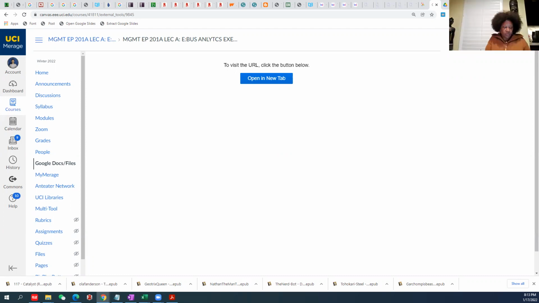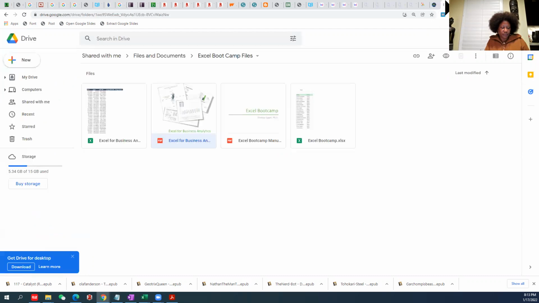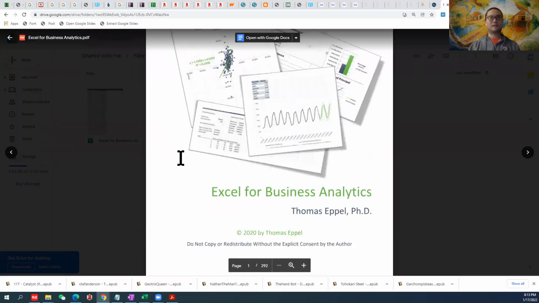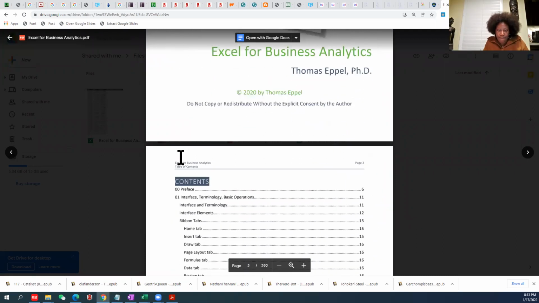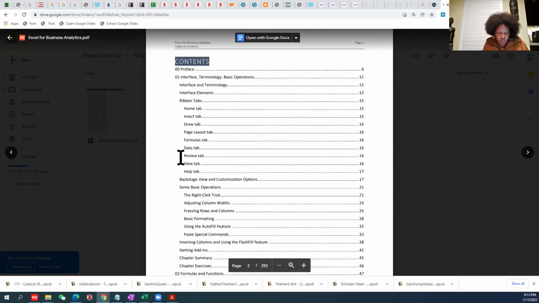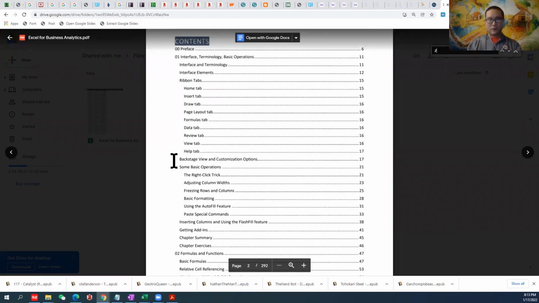Okay, but which one? Can you open it back in? Oh, okay, it is this one. Yeah, I'm still sharing the screen, and you can see that there are two PDF files. You should usually go to this Excel for Business Analytics. If you want to cover this one, it doesn't have it, but you can use the function.